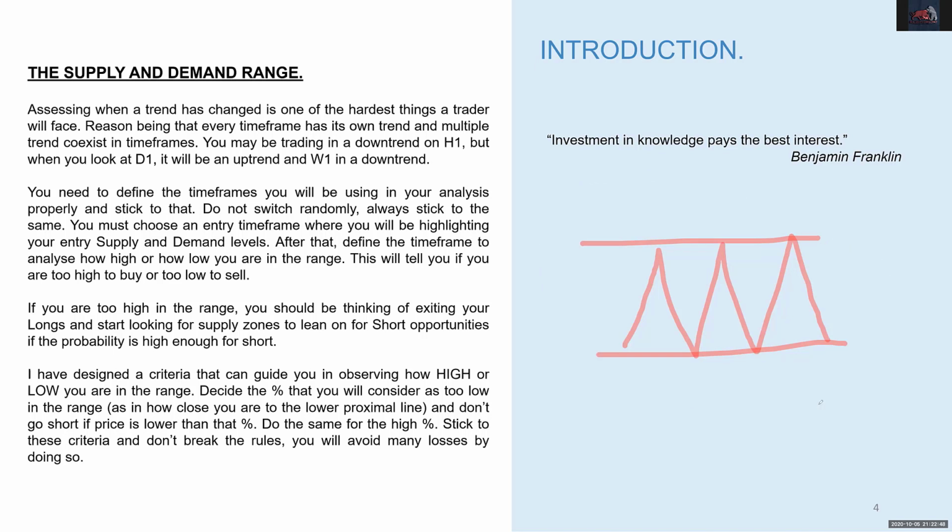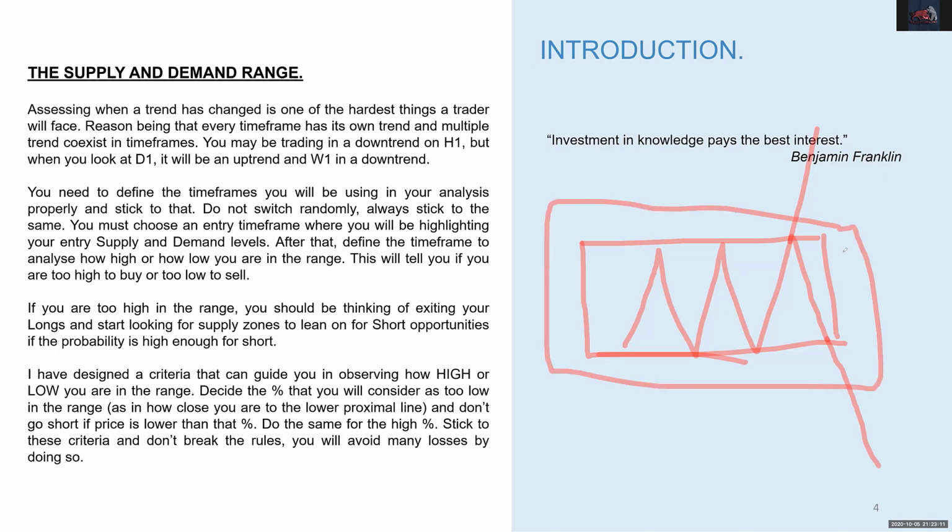That's what we call a range. So when price eventually breaks out, whether it's to the downside or to the upside, it would have clearly defined this range. So now we need to learn and understand how to trade this range. That's what we are talking about today.